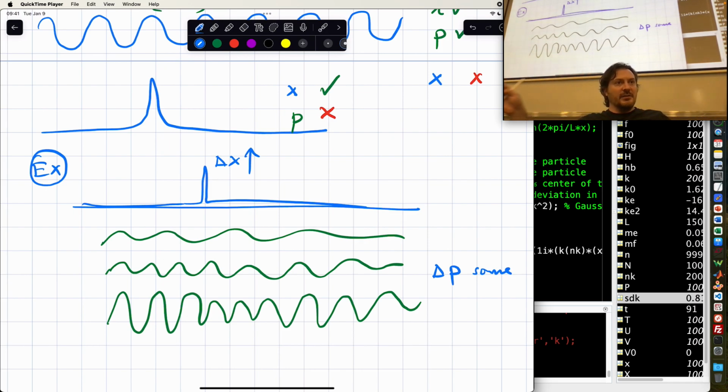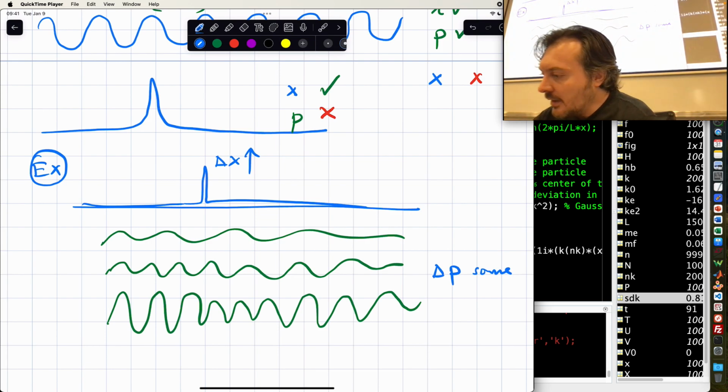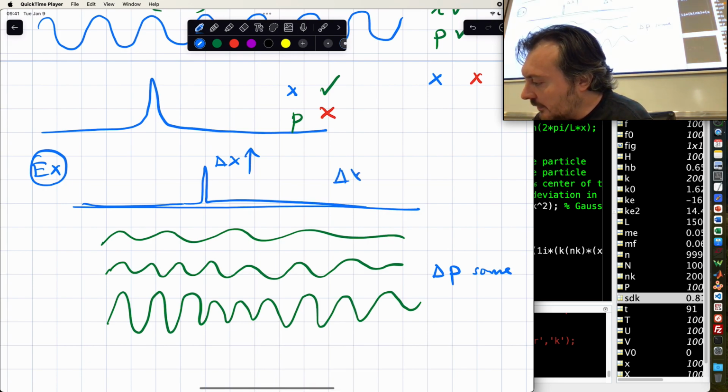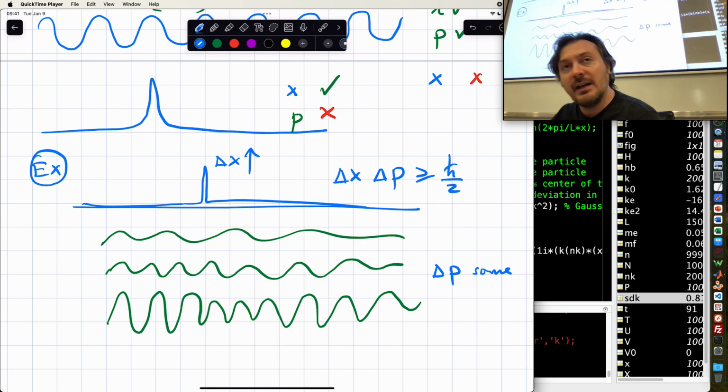So just hear the question, okay? Delta x is increasing while delta p is not going down. And the answer is that it doesn't have to be that, okay? There could be cases where delta x is increasing indefinitely and delta p is the same, provided that you are above this bound; you can go as high as you want.